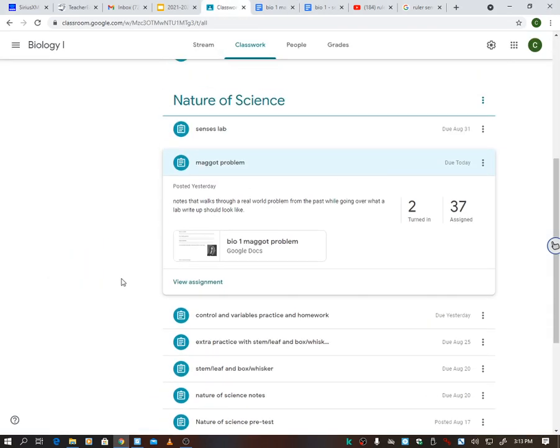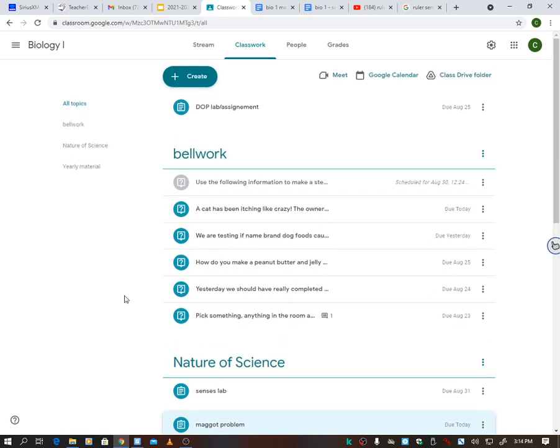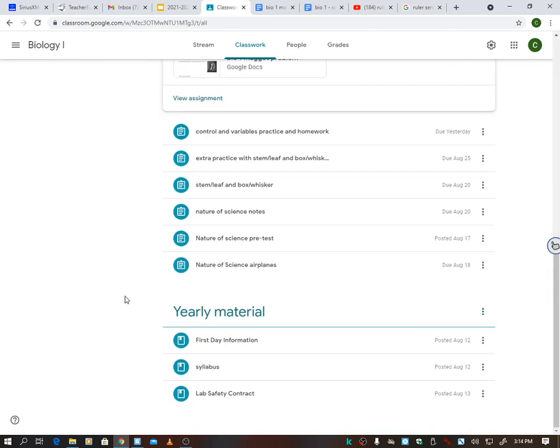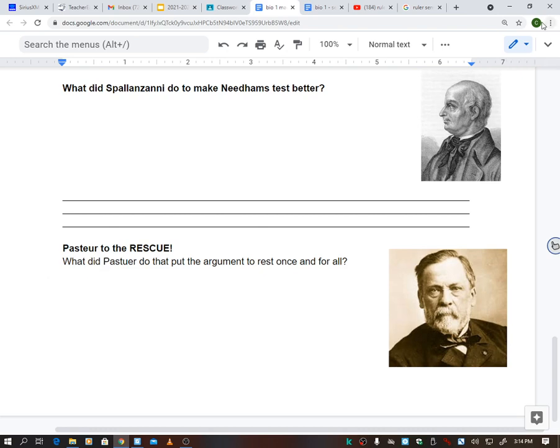Let me find it here. Did I not post it? I don't think I posted it, so I'm sorry. Yeah, I should have posted it here. So let me go and look right here. I'll clear the ink.